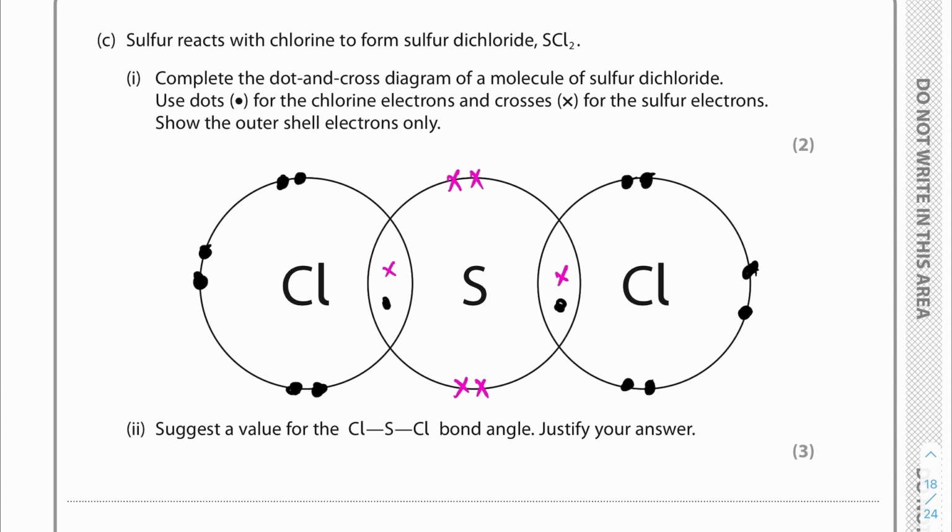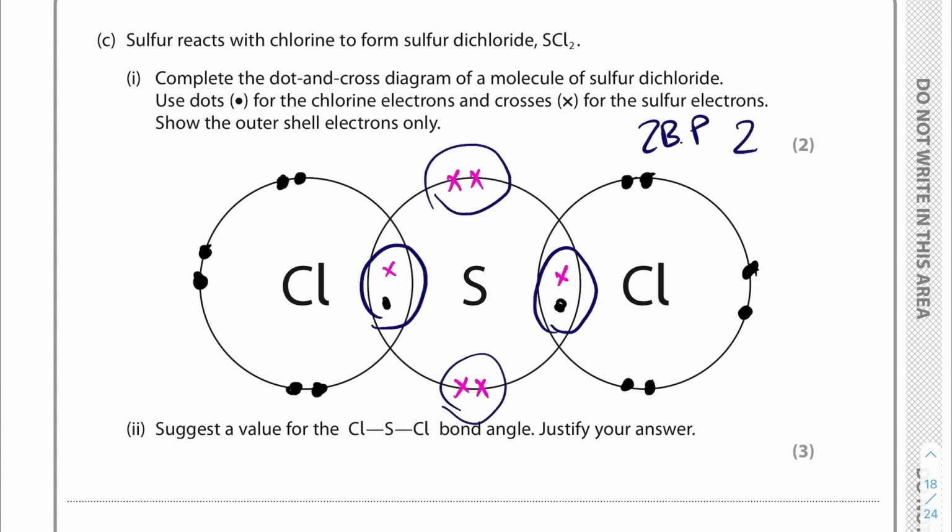So we have our sulfur, right? The next part says suggest a value for the Cl-S-Cl bond angle. Justify your answer. So now let's look at how many bonding and lone pairs we have. We have a bonding pair here and a bonding pair here. So we have 2 bonding pairs and 2 lone pairs.